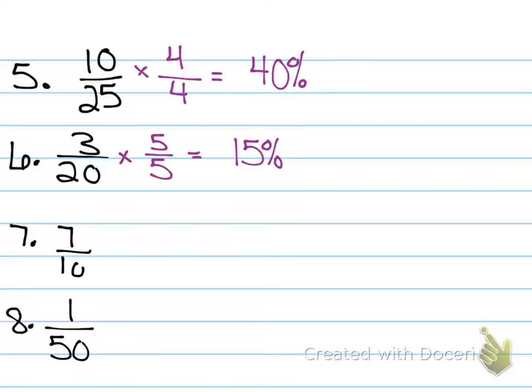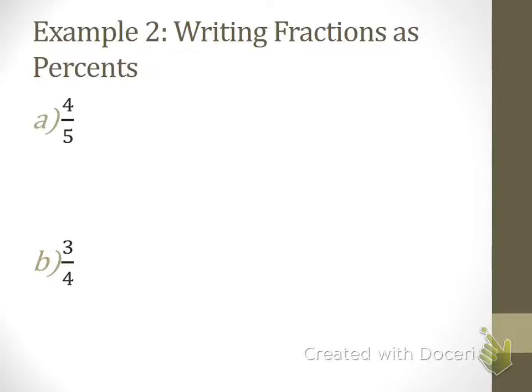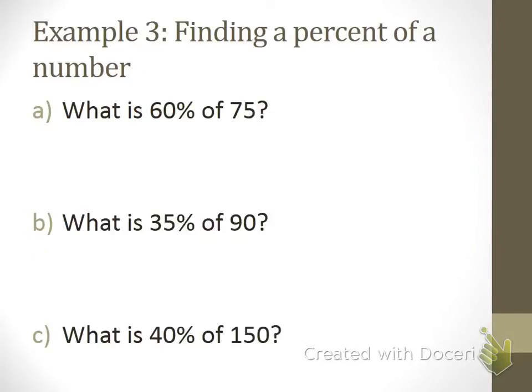All right, what about number 7? Multiply top and bottom by 10, and you get 70%. Don't forget your percent signs. And number 8, what do you multiply by? 2, so you get 2%. All right, who got them all right? Good job.